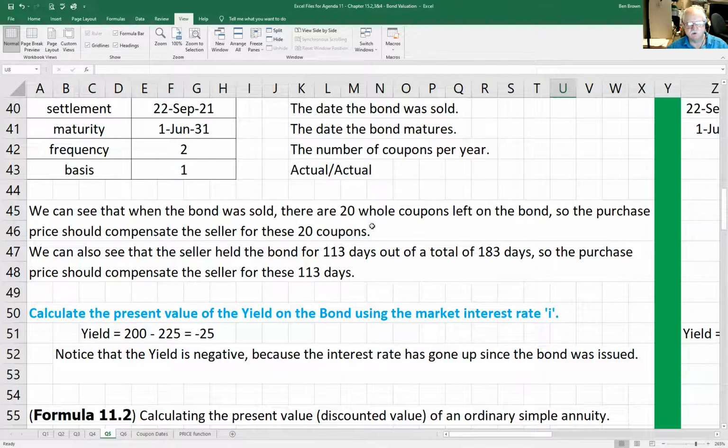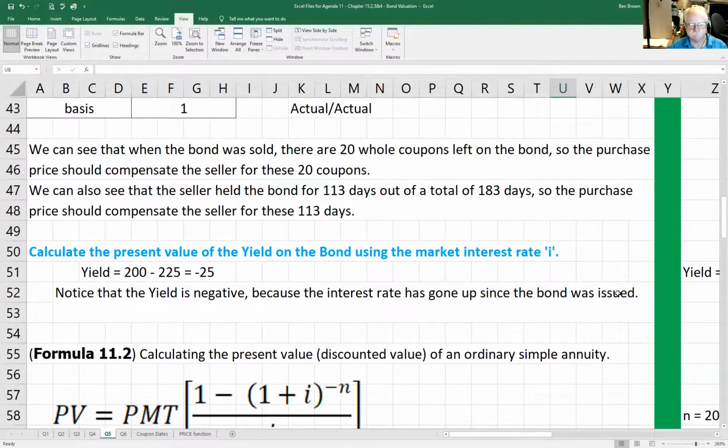We can see that when the bond was sold, there are 20 coupons left. And we can see that the seller held the bond for 113 days out of a total of 183 days. So the seller, or the purchase price, should compensate the seller for these 113 days because he doesn't want to lose even 1 day's interest.